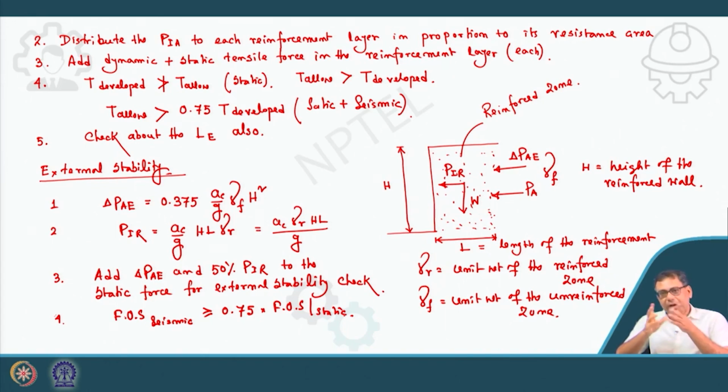If the overturning factor of safety is 2 for static, seismic will be 1.5 if I take 0.75. And for bearing, we directly check that if Q allowable is given, the maximum stress should not be greater than Q allowable. Okay. So these are the design steps for static and seismic.